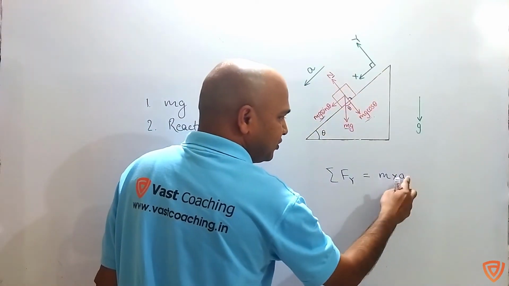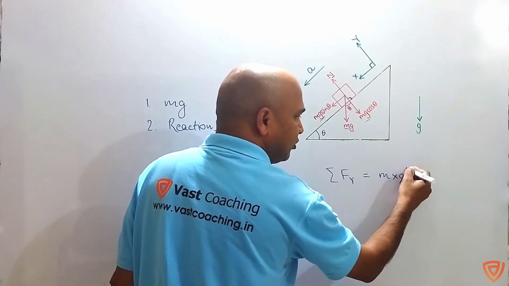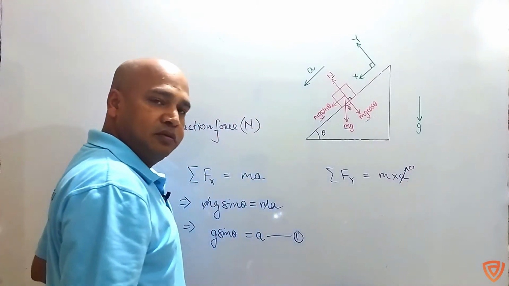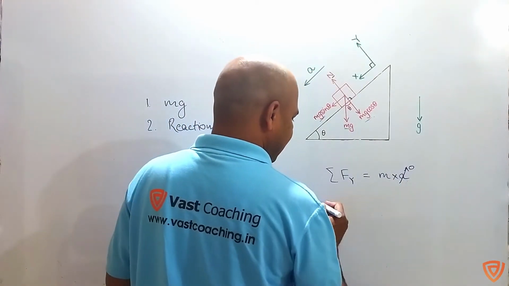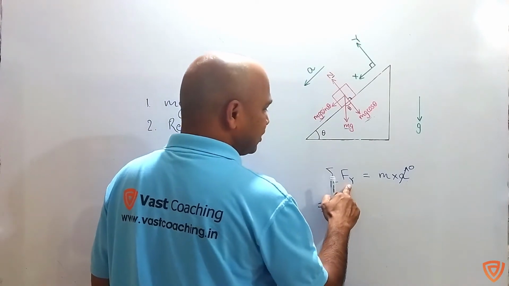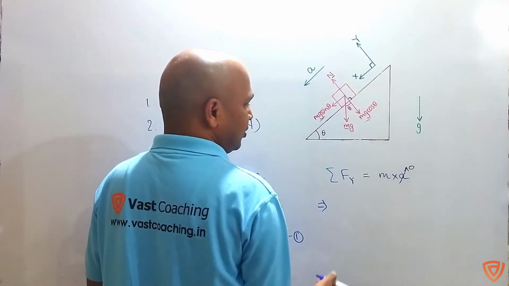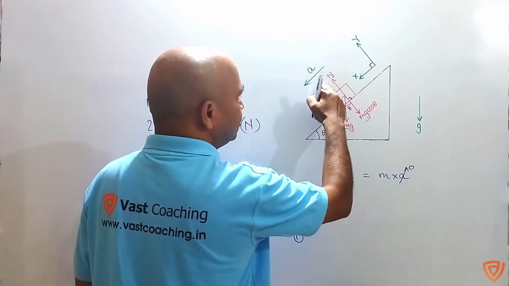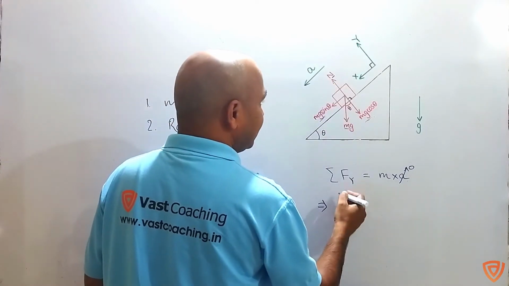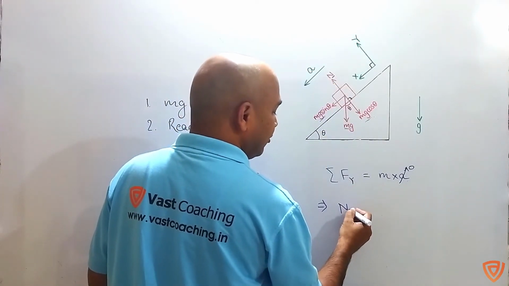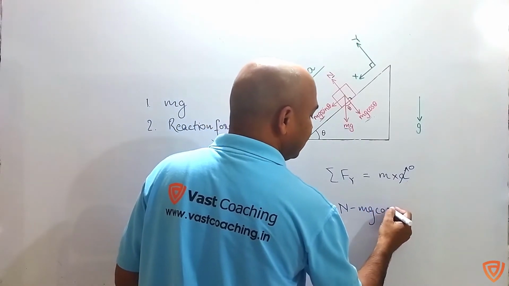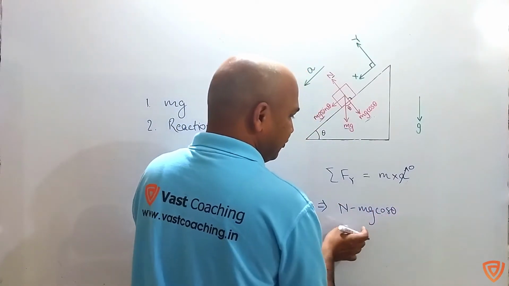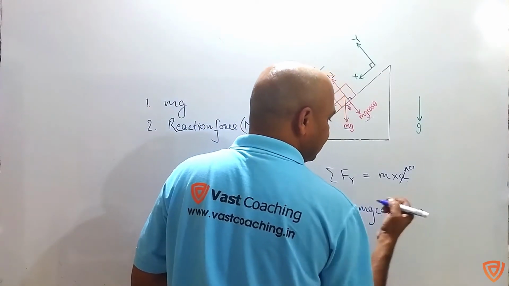So a will be 0. So we can say all the forces summing up in the y direction will become 0. So what are the forces acting in the y direction? N minus mg cos theta. These are the forces acting in the y direction, which will be equal to 0.